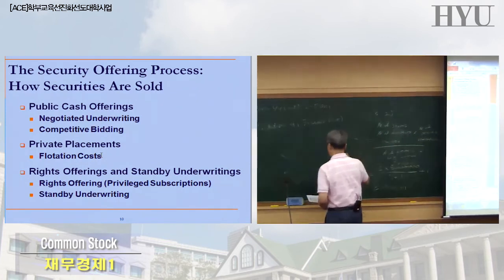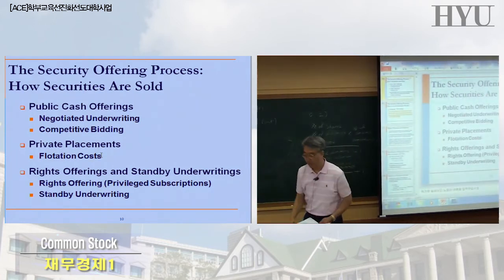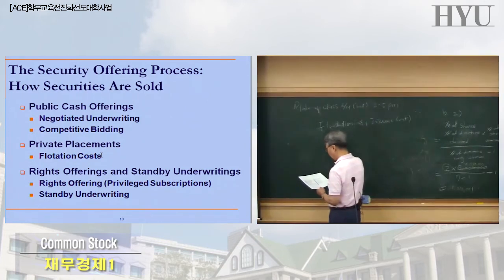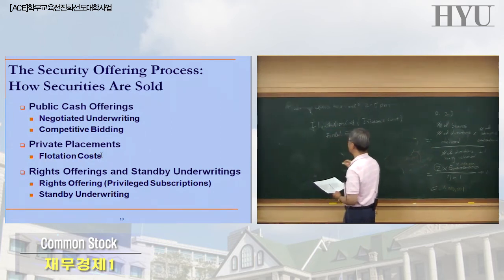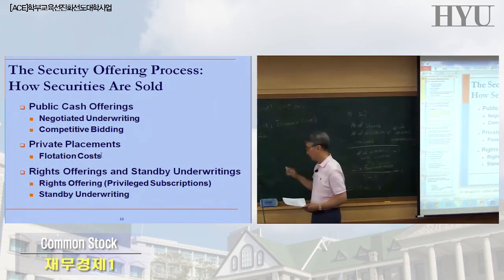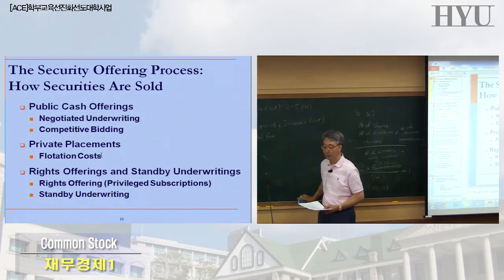That's basically the fee that investment banker will charge the company for helping their issuance. Okay? And it includes finder's fee, that is the case of private placement, right? Because the investment banker finds a private investment company who will purchase this issue of stocks and bonds.